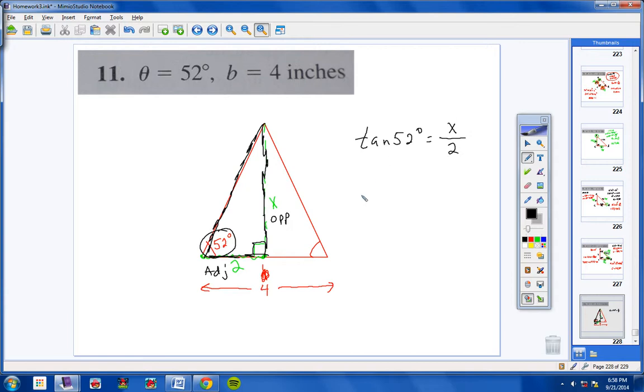Multiply both sides by 2. 2 tangent of 52 degrees equals x. And so with my calculator, I'm going to type in 2 tangent of 52, and I will get out 2.559, so 2.56 would be the length or the height of the altitude right here. Okay? All right, very good.